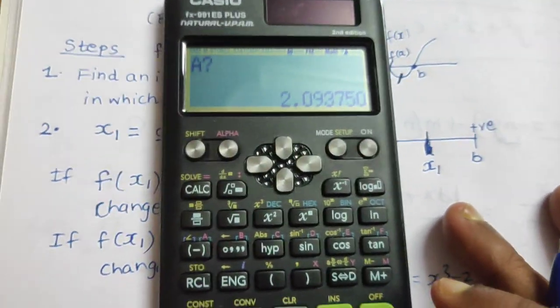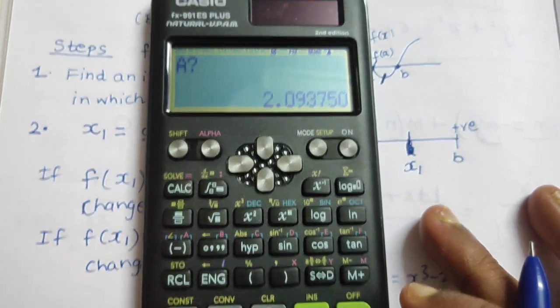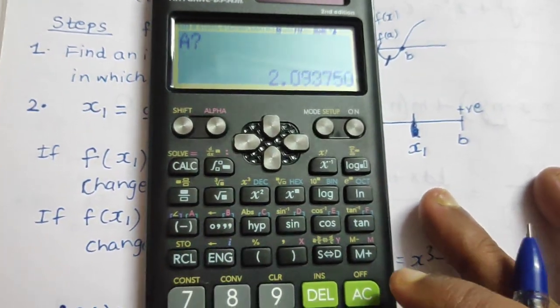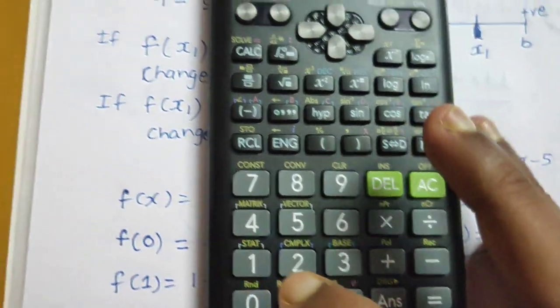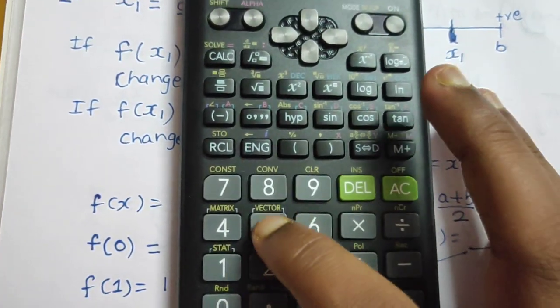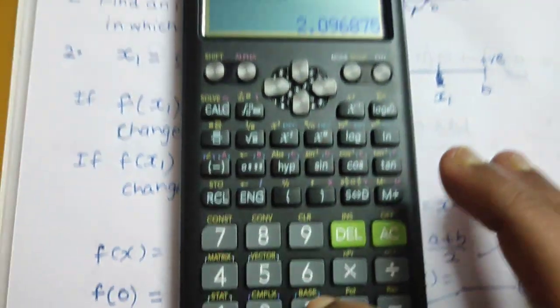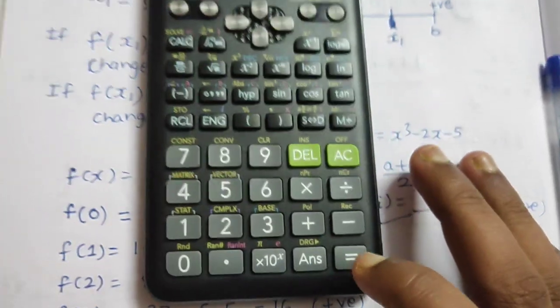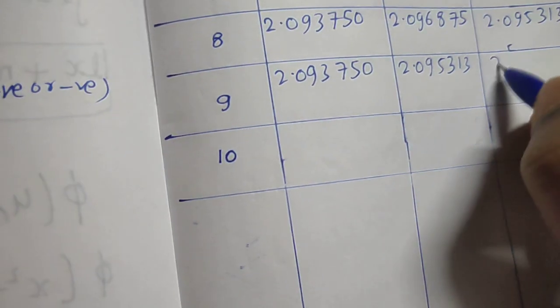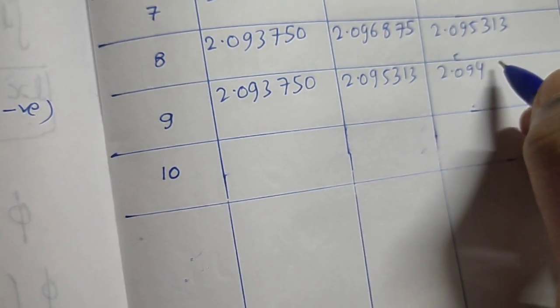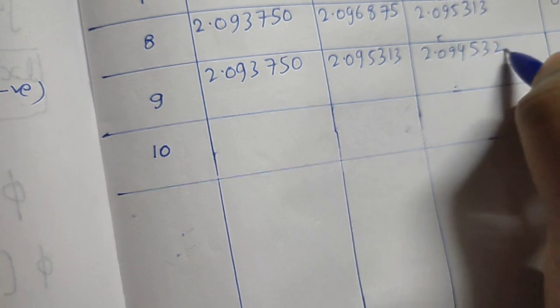Again, same value. B value is 2.095313. C value is 2.094532.